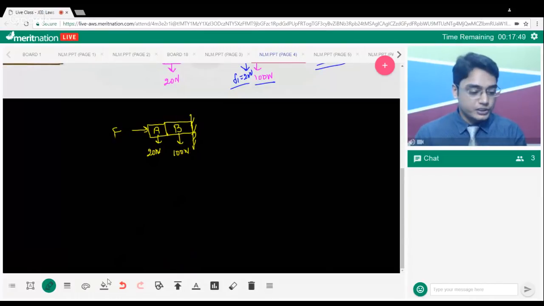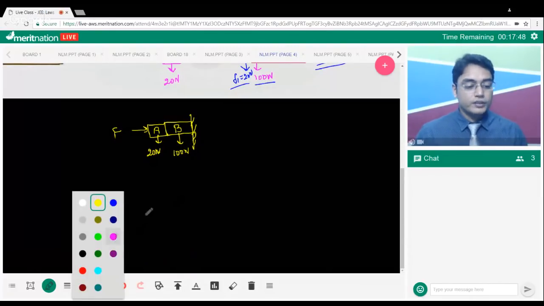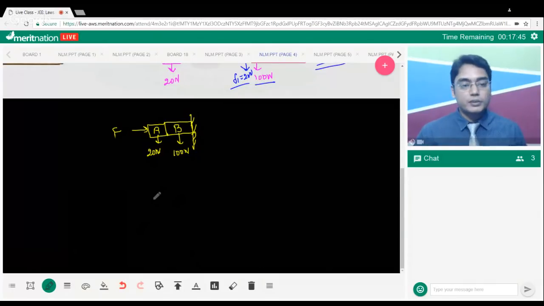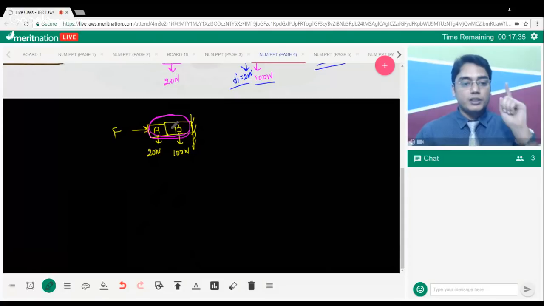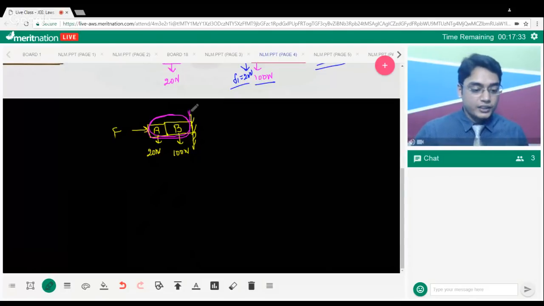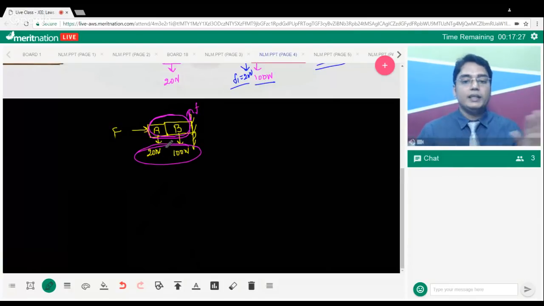In this situation, the given condition is that the whole system is at rest. If we consider this as a whole system, you can definitely say that there must be a friction acting here. Only that force can balance the addition of these two. Logically, you can say this because there is no other force acting in the upward direction.